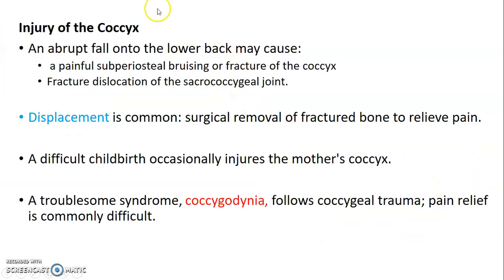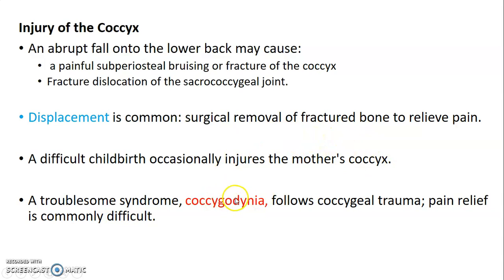Injury of the coccyx when you fall onto your lower back can lead to subperiosteal bruising and fracture of the coccyx, and this can lead to dislocation at the sacrococcygeal joint. The coccyx may be displaced in cases of fracture, so you may have to do surgery to remove the fractured bone. In difficult childbirth, you may injure the mother's coccyx.